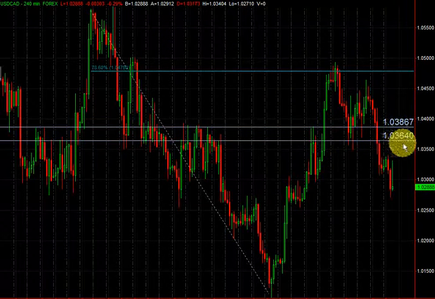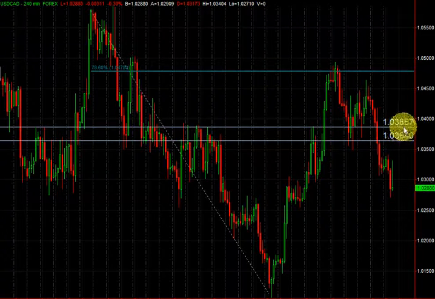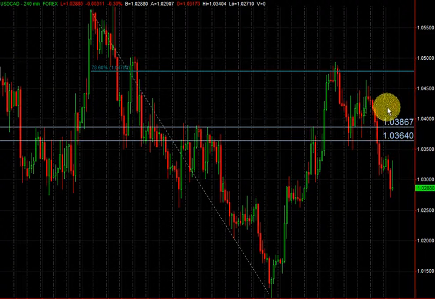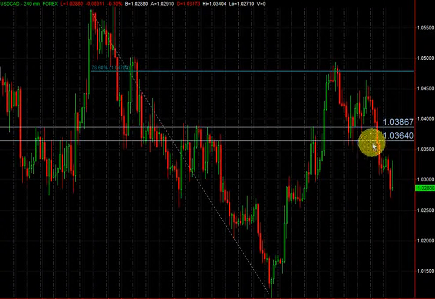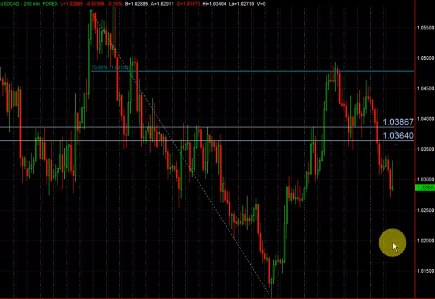Between 1.0364 and 1.0386. In normal circumstances, one can expect the price to retrace at least up to these levels, or maybe not, before it tries to go down further.